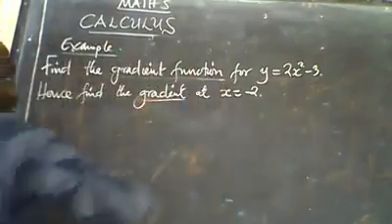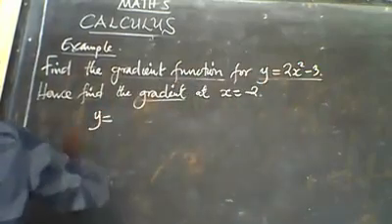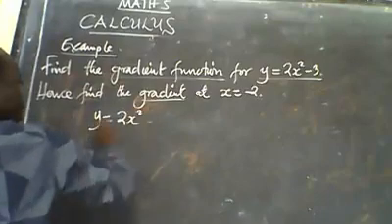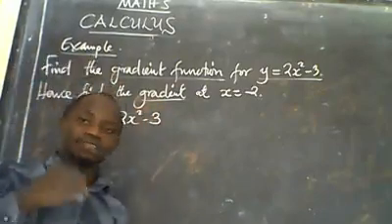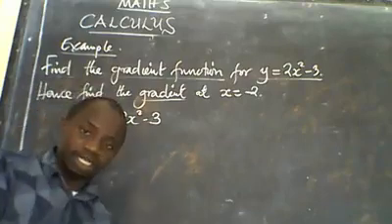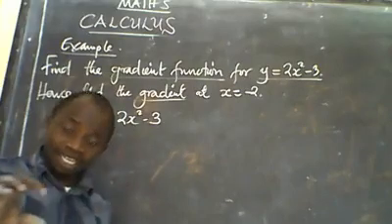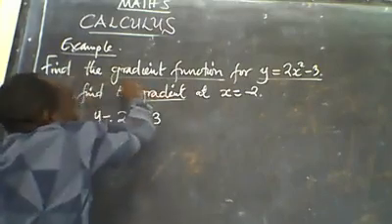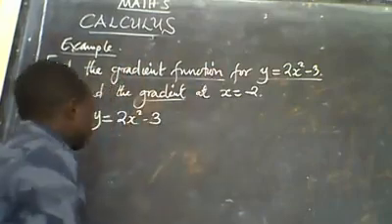I'll write the given equation first, which is 2x squared minus 3. Then we start differentiating, with respect to x. The differentiated expression is the one we are going to call the gradient function.